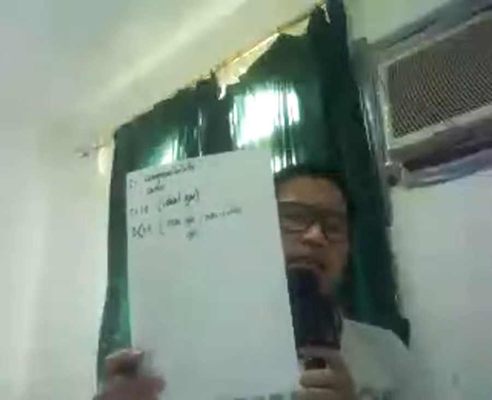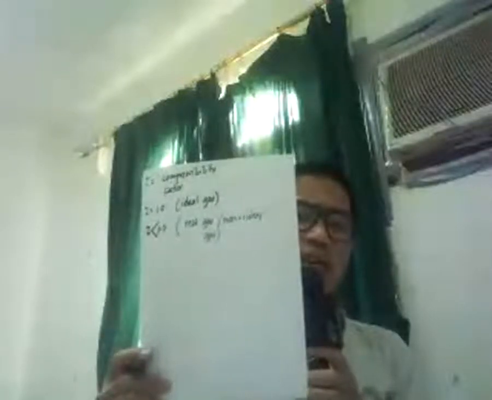It's very important. So if Z is less than 1, this is a real gas or non-ideal gas.